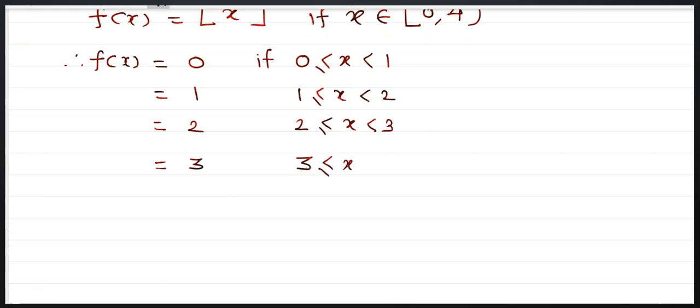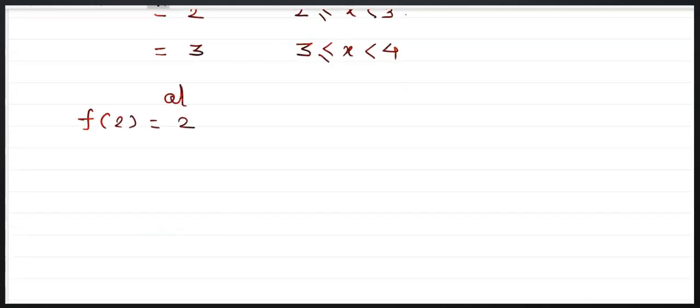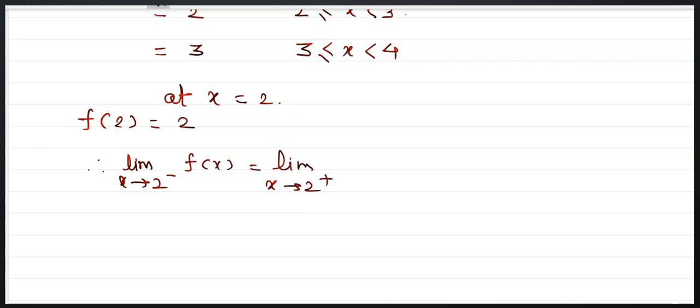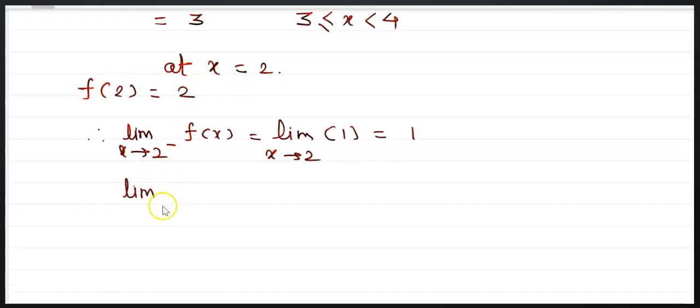Therefore f of 2 equals 2 at x equals 2. Left hand side limit, right hand side limit. Then the left hand side limit you will get 1, and for the right hand side limit you will get 2.